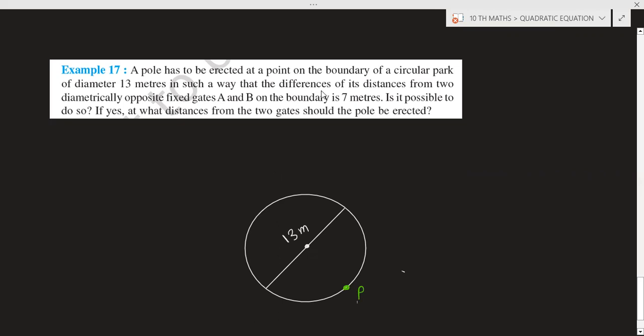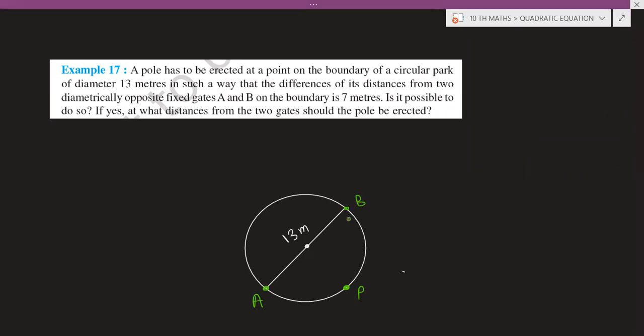After that, they are saying the difference of its distances from the two diametrically opposite gates A, B on the boundary. Diametrically opposite means, suppose this is A and this is B. So this is a diameter, and A and B are diametrically opposite.